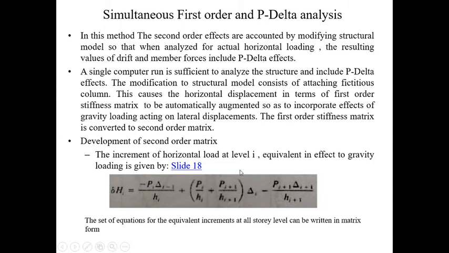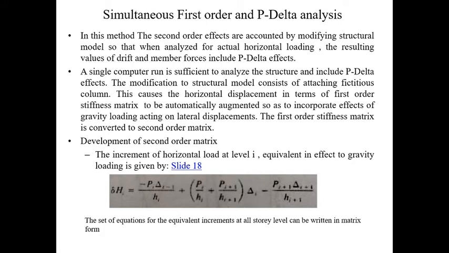So here you will be having a matrix. In the matrix form, we will be doing the analysis. The horizontal displacement, that is delta, will be in the first order stiffness matrix, and it will be automatically augmented, increased, by including the effects of the gravity loading, wherein the lateral displacements will take place.